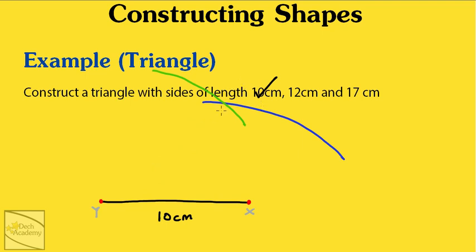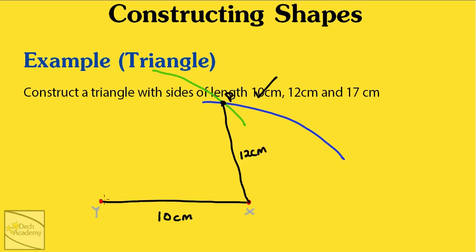Well, the key thing here is the point of intersection of the two arcs. Because that point of intersection lies on this blue arc, if you draw a line from X to it, let's call this point P, you know that the line XP is going to be of length 12 centimeters.